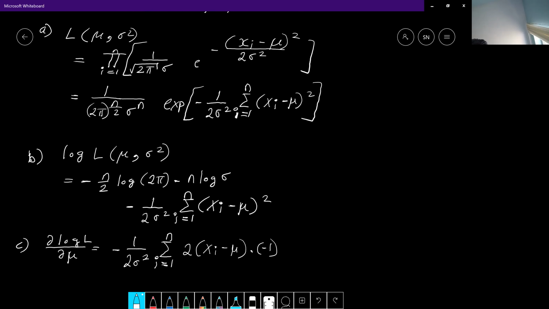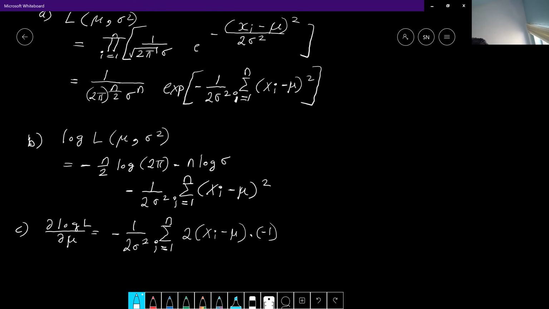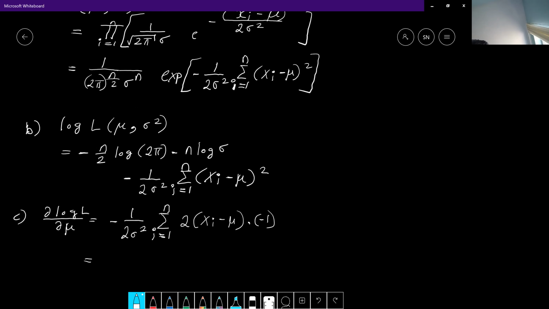This is the partial derivative, right? And of course, this can be simplified further. The 2 and the 2 will cancel, the minus and the minus will cancel. So this will be 1 over sigma squared times the sum of this, right?